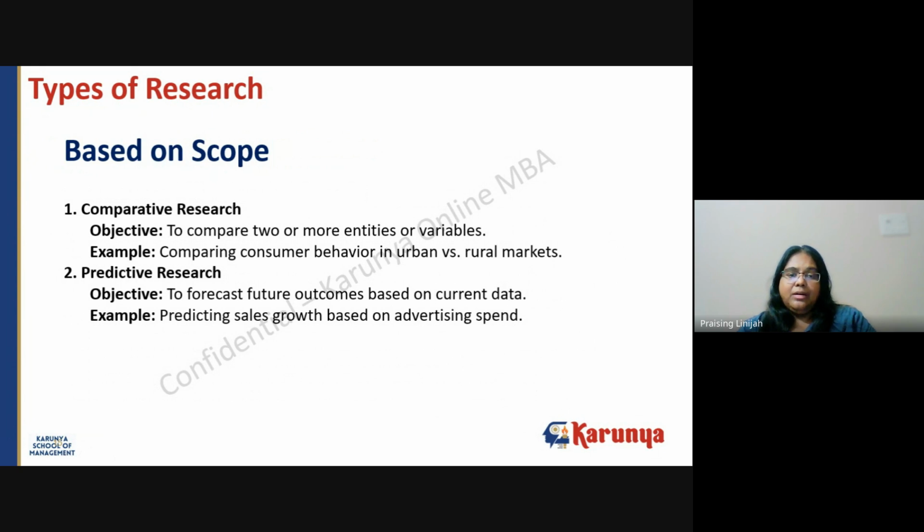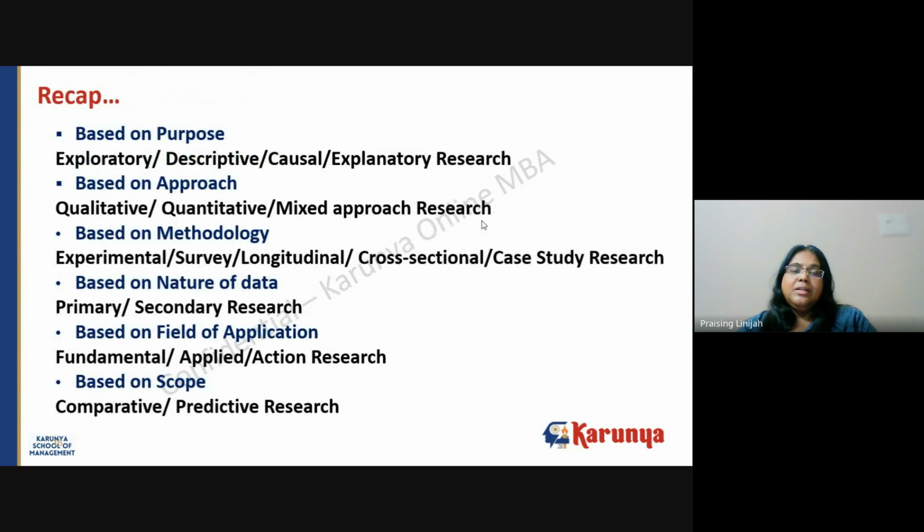So, as a closing note, in the world of business research, there are many paths, but success lies in wisely choosing the right one for the right question and the right purpose.